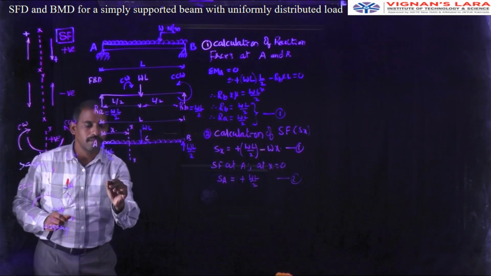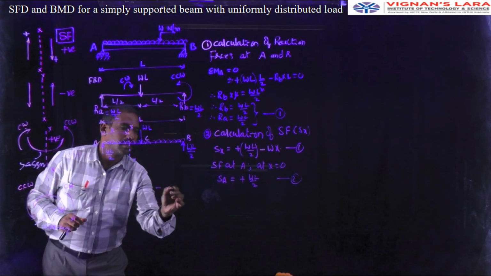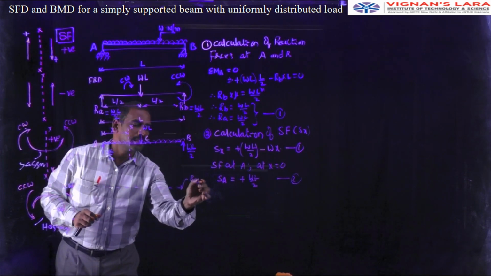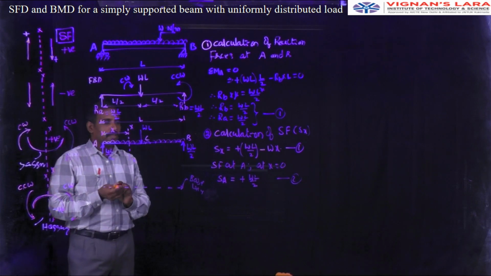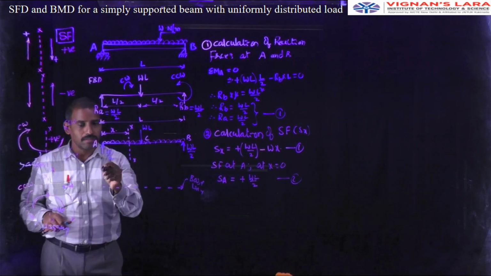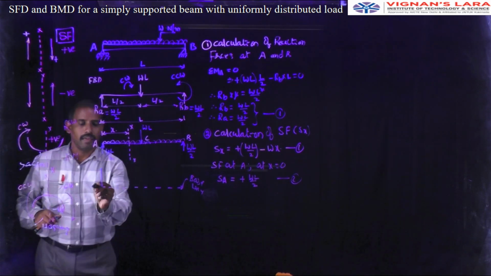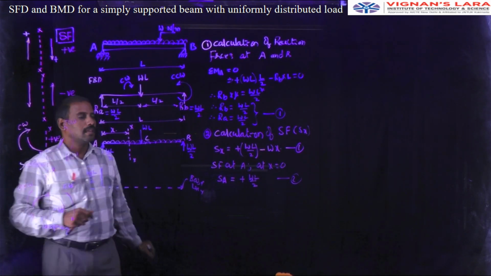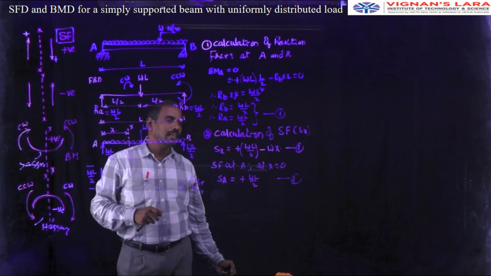This is the baseline. What about the magnitude of the shear force at A? That is positive, so we have to take it above the line. This is WL by 2, and it follows the straight line law.